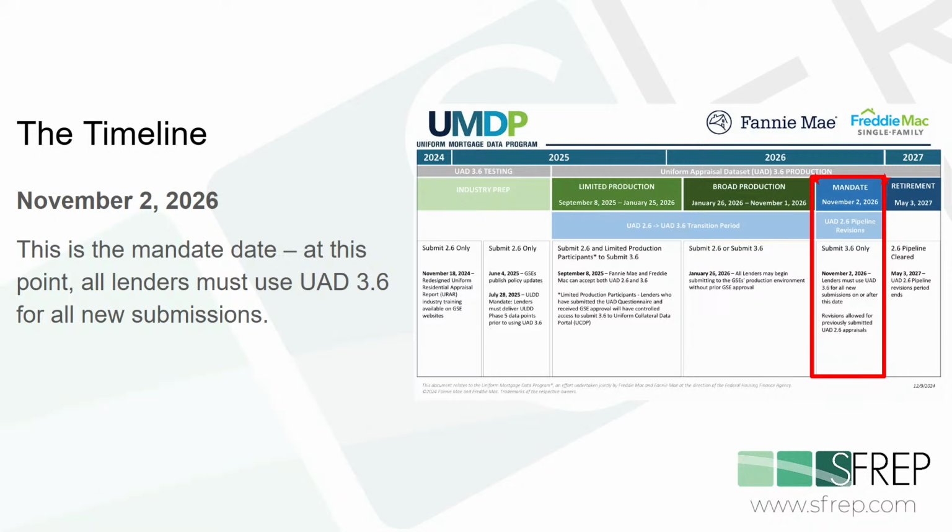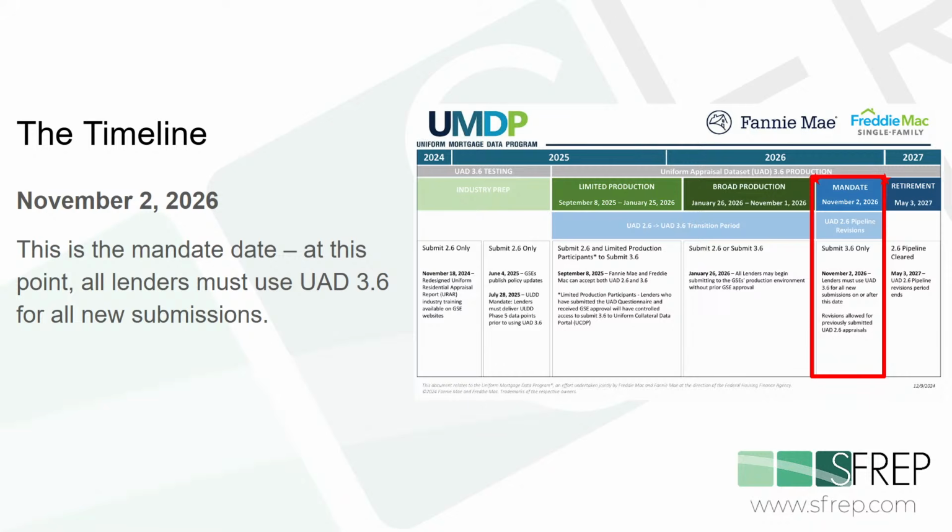And then the big date is going to be November 2nd of next year. That is going to be the death date of the UAD 2.6. From that date forward, all new reports being issued will be in the UAD 3.6 format.